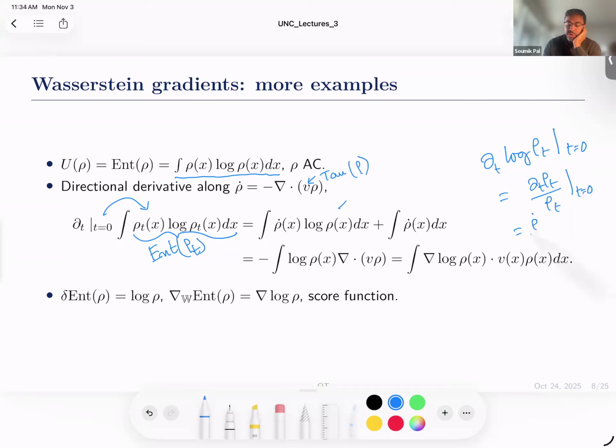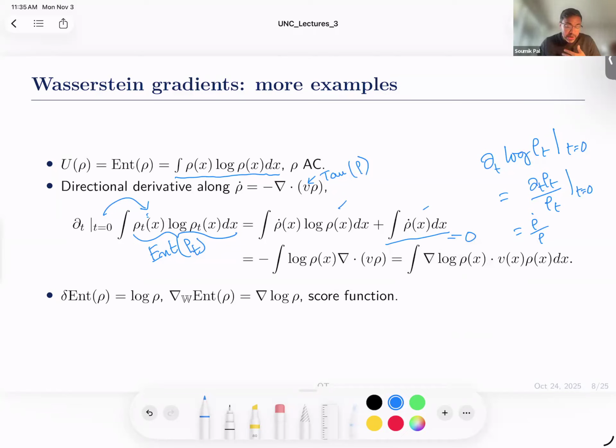And that gives me rho dot over rho. And so this rho then cancels with this rho, and all I'm left with is rho dot. Good. This is simple. Just do the multiplication rule. Now I claim that this integral is 0. Can anyone tell me why?